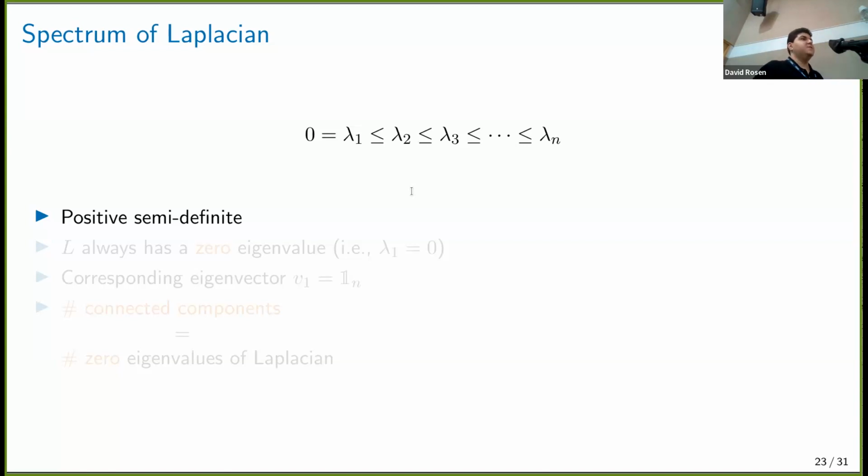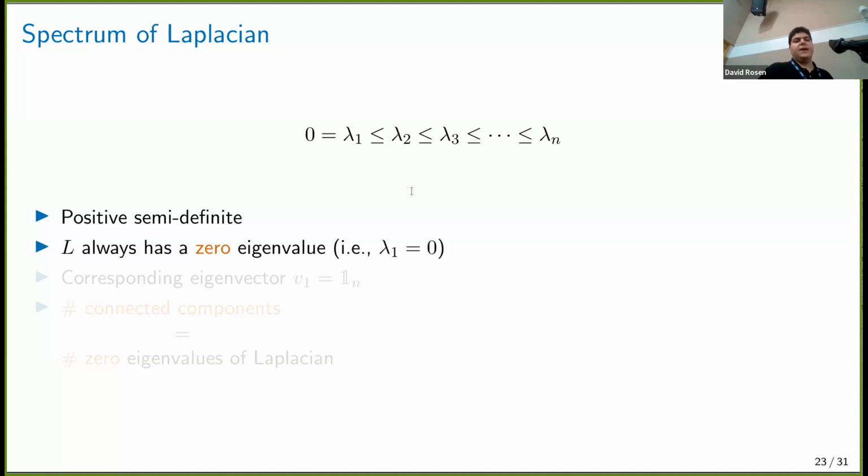The matrix is symmetric, so I'm going to have real eigenvalues. We always know that the first eigenvalue is going to be 0. And we know that the matrix is positive semi-definite because the quadratic form was literally a sum of squared errors, right?